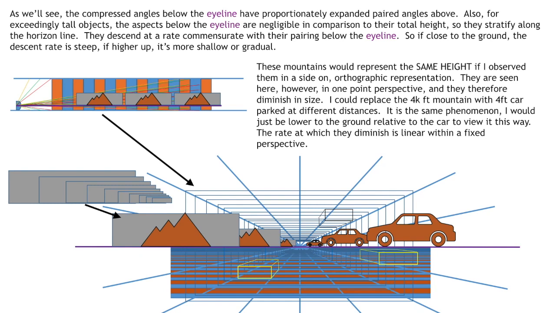I would just be lower to the ground relative to the car to view it this way, and put my horizon line along the lower edge of the wheel, and it would be the same exact thing. The rate at which they diminish is linear within a fixed perspective. In other words, double the distance, half the size, triple the distance, one third the size, and so forth.